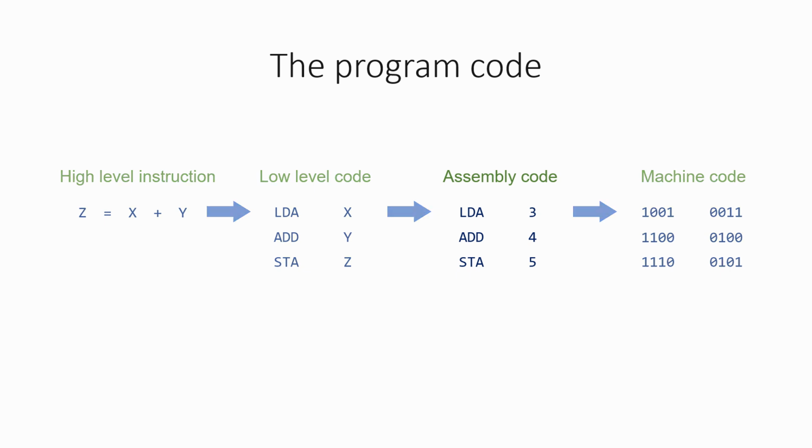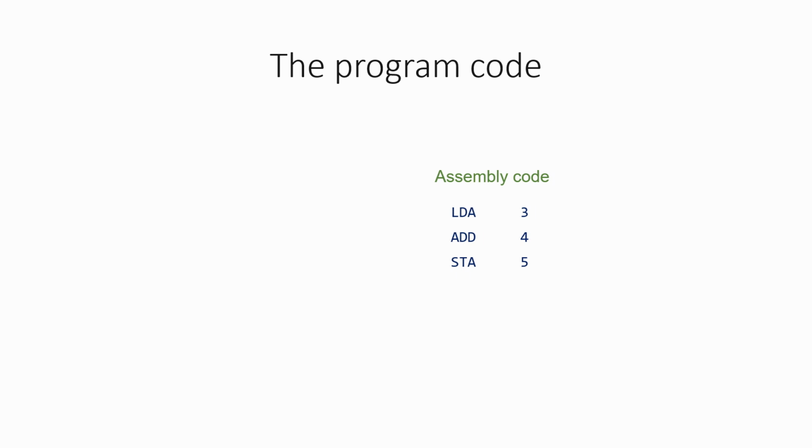Anyway, because there's a one-to-one correspondence between assembly code instructions and machine code instructions, it's convenient for us to imagine the CPU executing assembly code rather than machine code. So let's visualize these instructions being executed and look in detail at what happens during the fetch, decode, execute cycle.